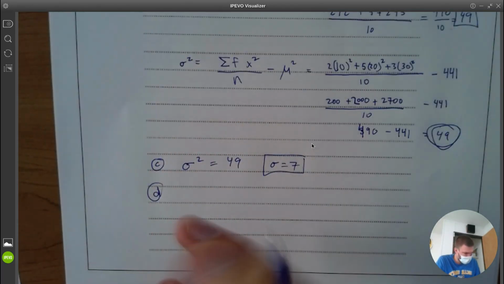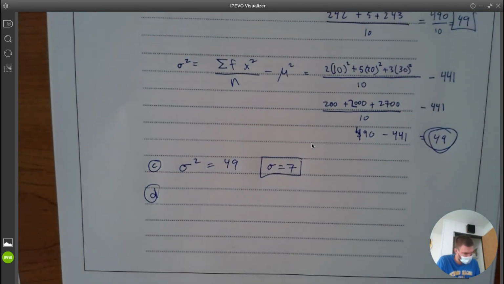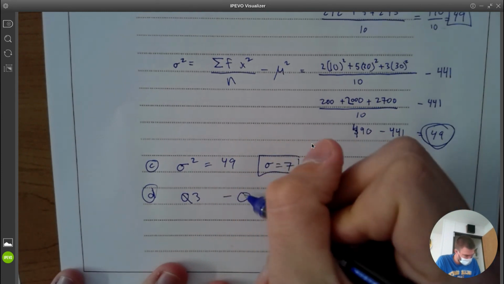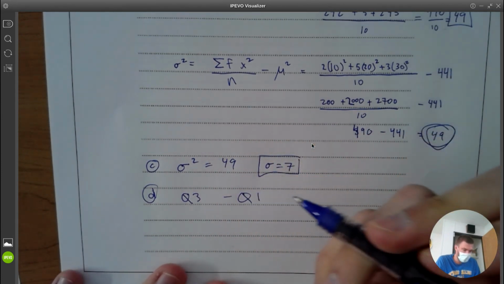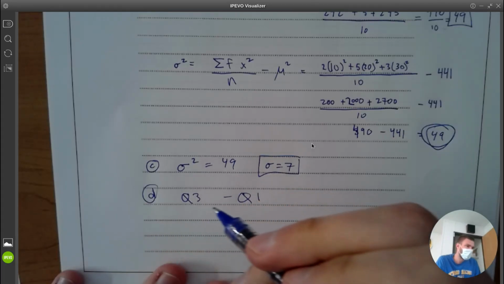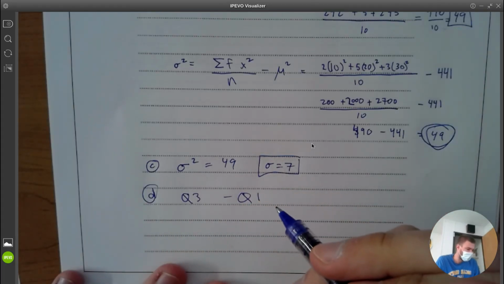And D, find the interquartile range. So the interquartile range, we need Q3 minus Q1. There's 10 terms, so I need 2.5 and 7.5.